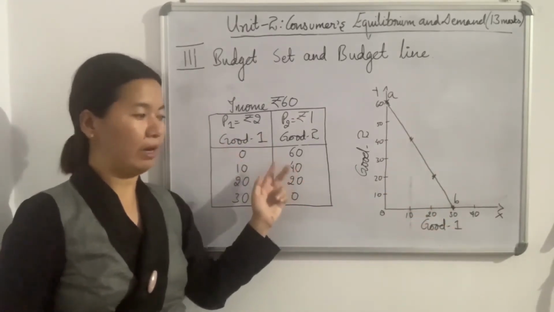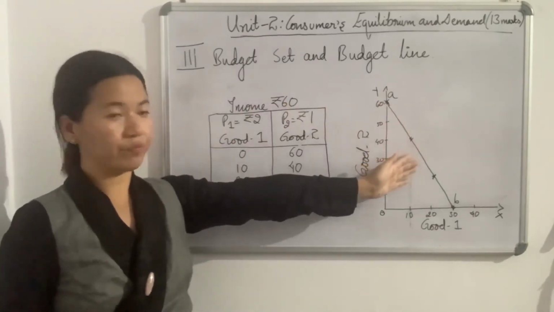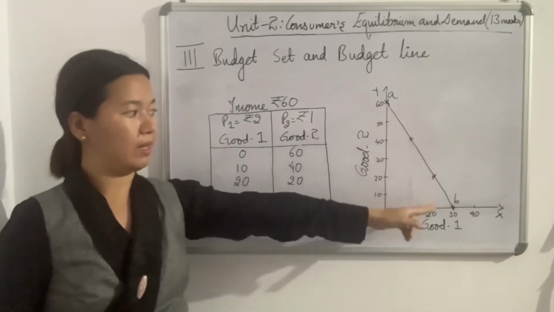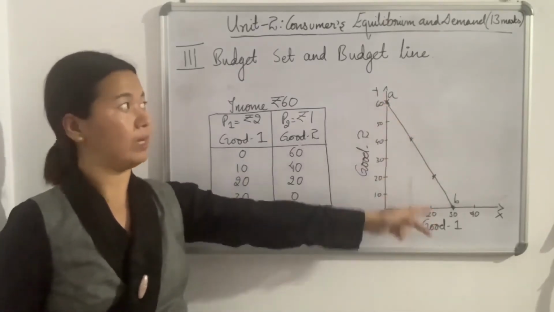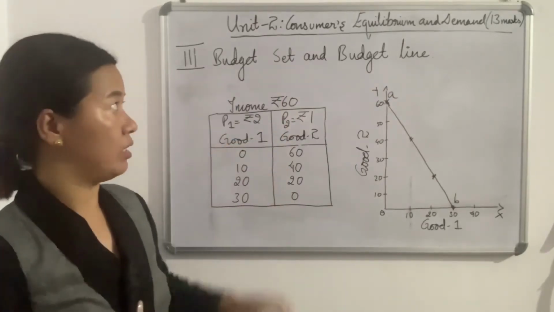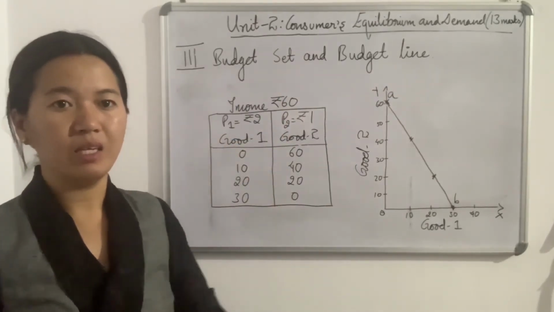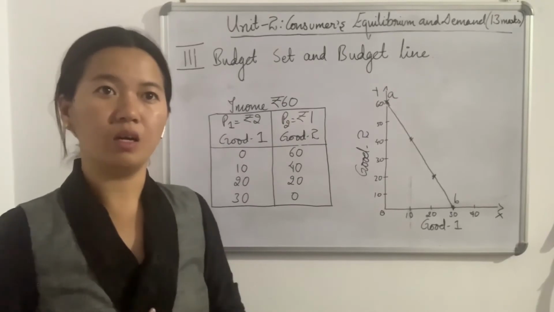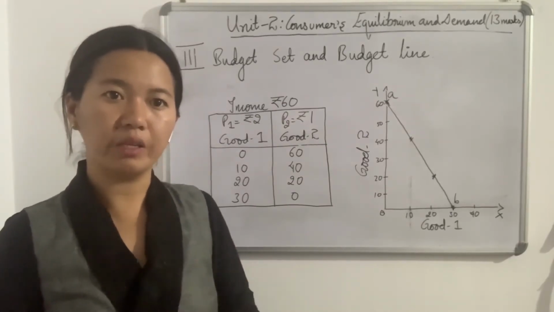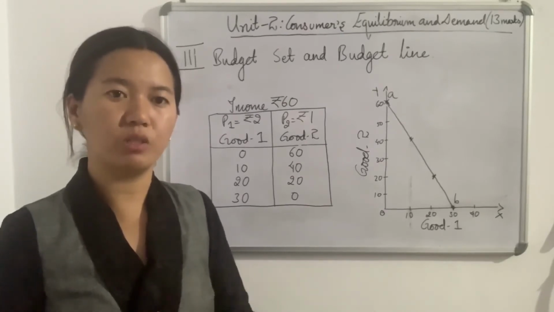This schedule, I have presented in the form of a graph. So this line AB is called the budget line. So one thing we have to keep in mind is that when we talk about the budget set, your expenditure can be either equal to income, or it can be less than your actual income.